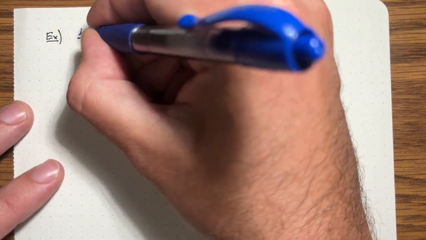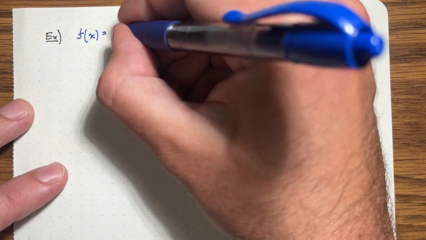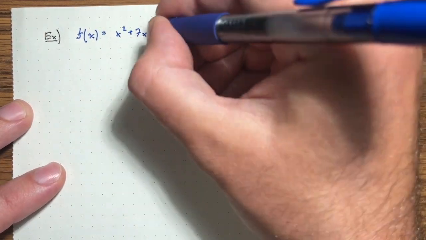So here's an example. Let's take a polynomial. Take the polynomial x squared plus 7x plus 2.